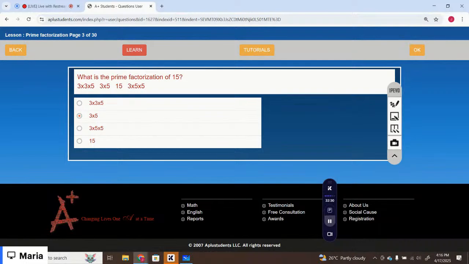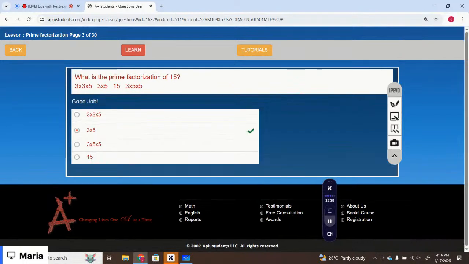Option number 2 is the correct option, that is 3 times 5.